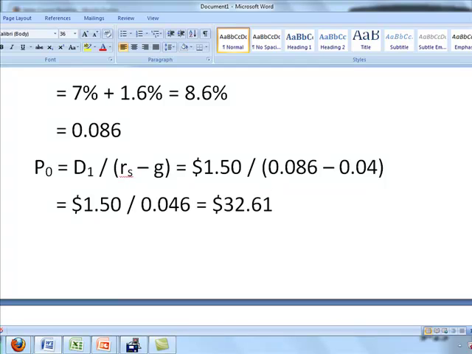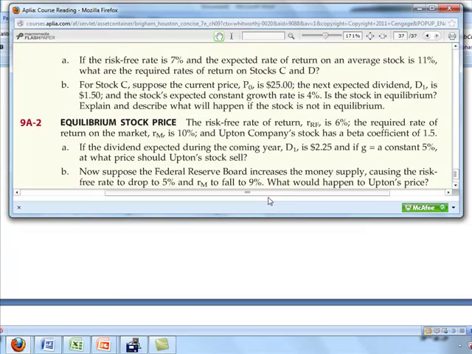Alright, what we just computed there is how much the stock should be selling for. This is what it's really worth. This is actually the intrinsic value, $32.61. So going back to the question, it is selling for 25. So is it overvalued? Is it undervalued?